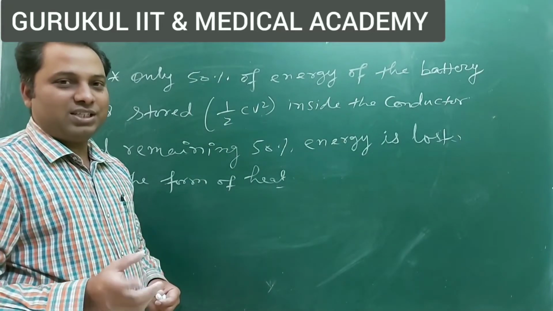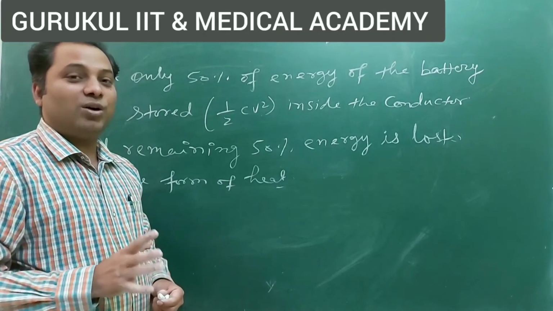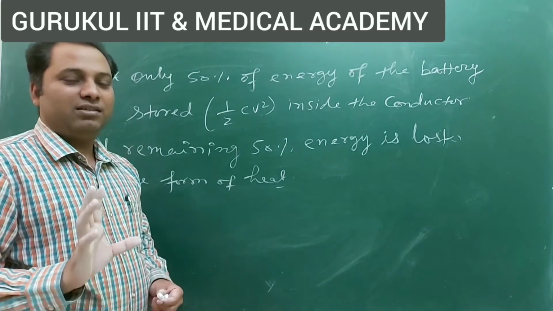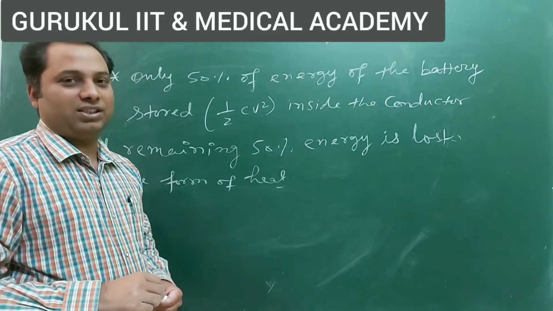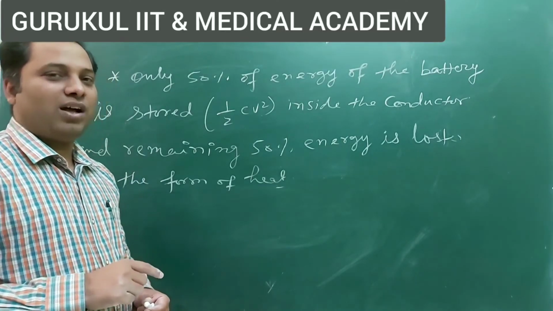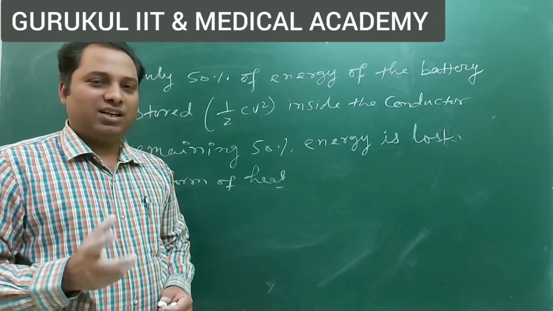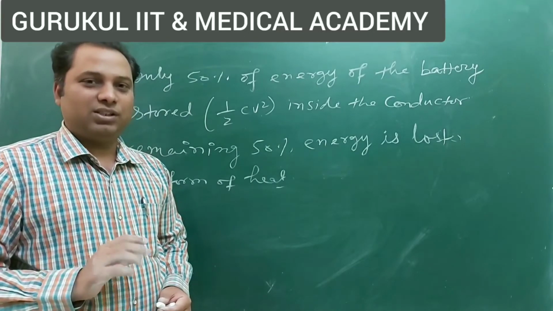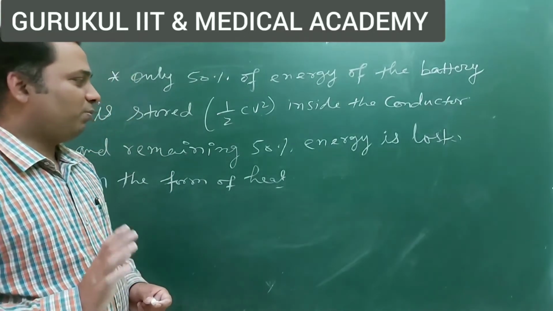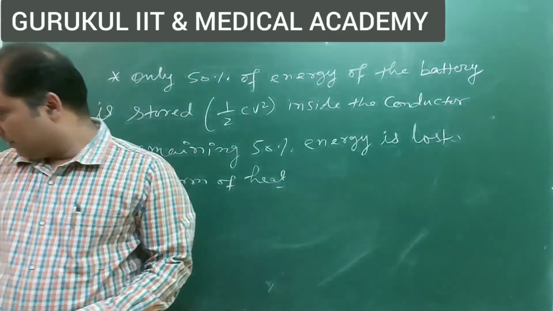So what is the difference? This energy is the energy of an isolated or individual conductor, and the previous formula K Q1 Q2 upon R is the energy of two charges. This is the basic difference.